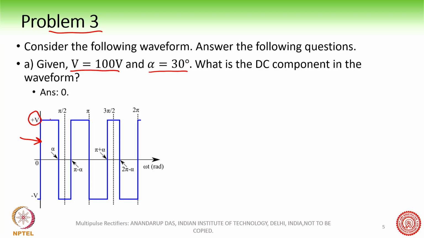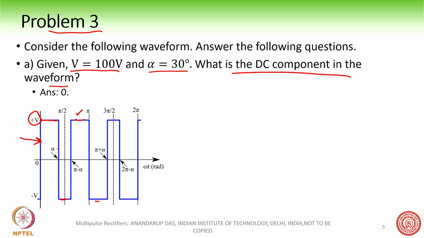Okay, so in this waveform you can see there are notches. So this was plus here and then the notch came here and then again plus and then a notch like this. The question is, what is the DC component in the waveform? Of course, the waveform is symmetric about the y-axis, you can see it is perfectly symmetric.